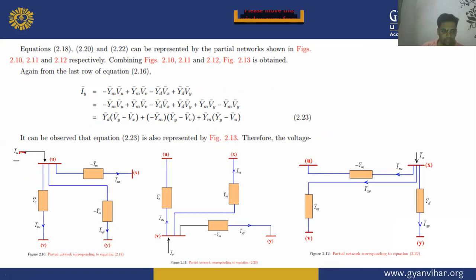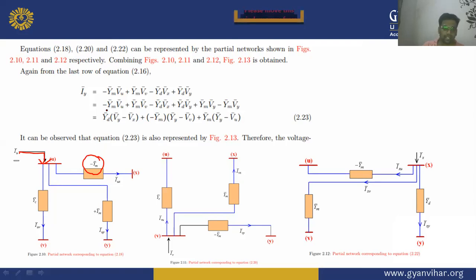Now this is the injected current at node U, and we have three terms, that is Iux, Iuy and Iuv. X, Y and U are the three different nodes with their associated admittances.